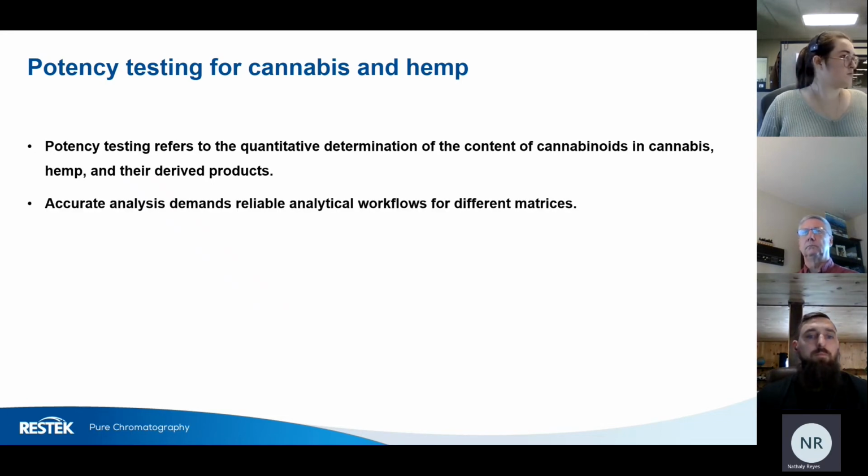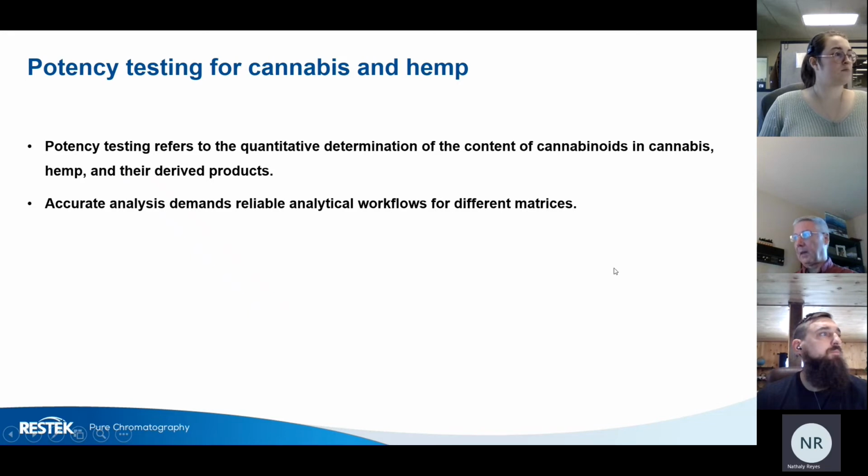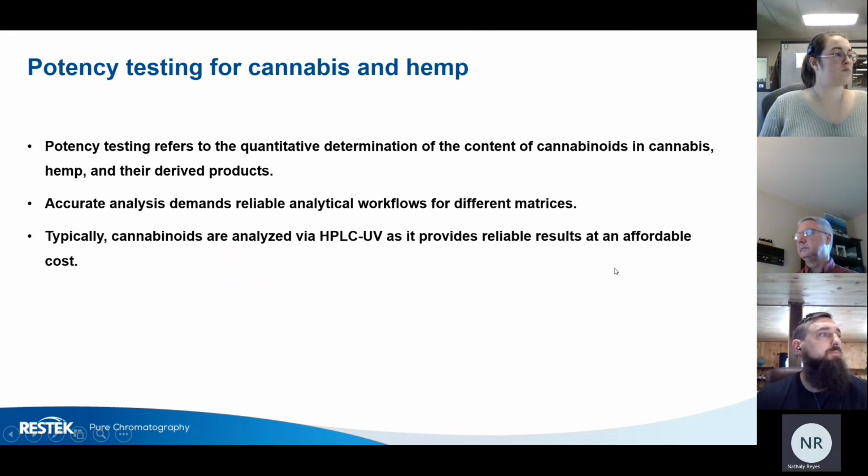So accurate analysis requires reliable analytical workflows for different types of samples. Typically, cannabinoids are tested using HPLC coupled to UV, as this approach provides reliable and robust data while keeping the costs affordable and low.